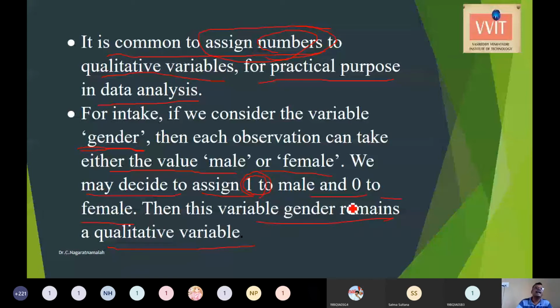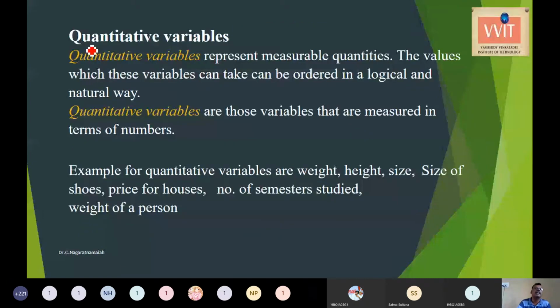Now again we move to the quantitative variable. That means it is defined only on numeric values. Quantitative variables represent measurable quantities. Measurable means countable. The values these variables can take can be ordered in a logical or natural way.